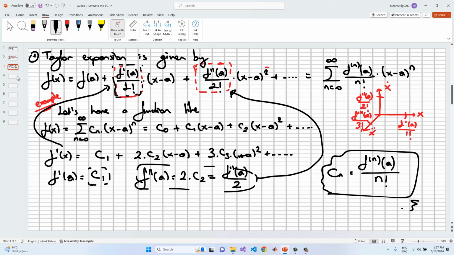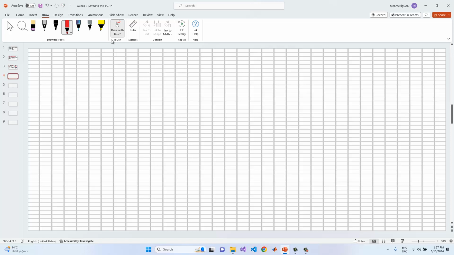But we have a problem in here. Problem statement, okay? In Taylor expansion, we always use different numbers, different coefficients. For example, coefficients like c_n is equal to f^(n)(a) over n factorial, okay? And so each time this is different.